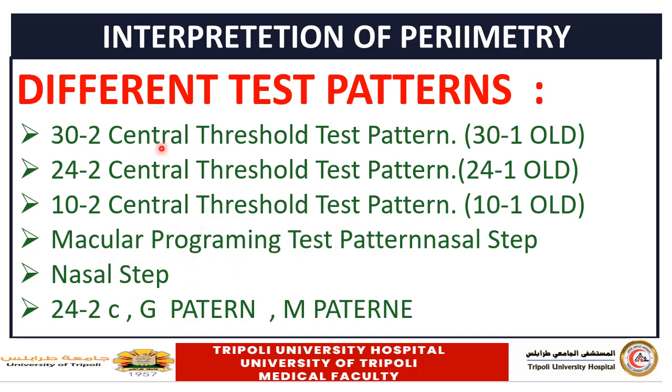This is usually seen in Humphrey visual field, and they recently added the 24-2C. The G pattern for glaucoma prediction and also the M pattern are done in the octopus visual field. These are the most common patterns that are used. We will go through each one of them in a few words.